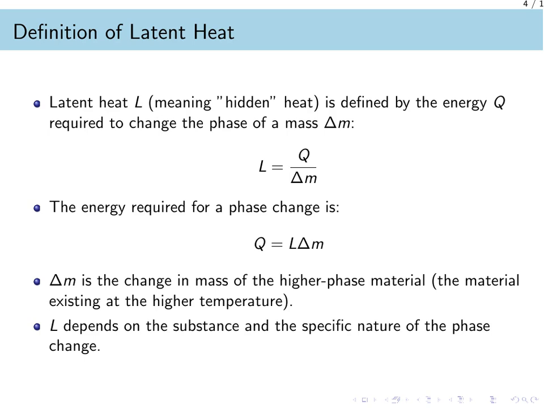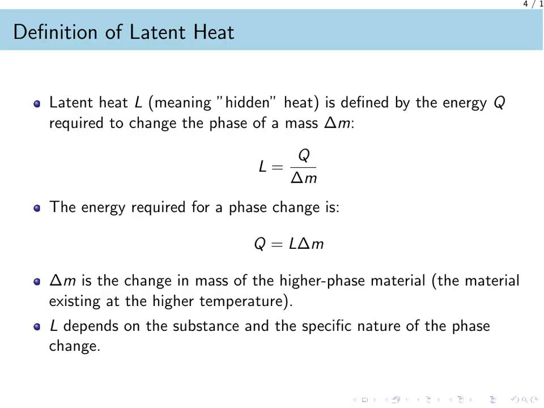We can also express the energy required for a phase change as the product of the latent heat and the change in mass. It is important to note that the change in mass refers specifically to the material existing at the higher temperature, such as water when considering an ice-water mixture.